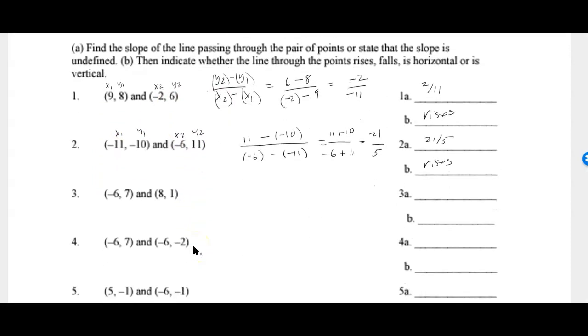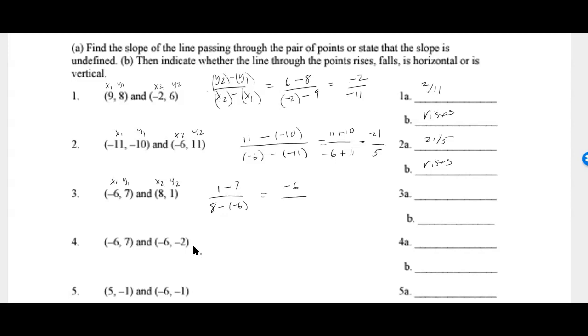So number 3, x1, y1, and I could label this x2, y2 and the other one x1, y1. It doesn't make a difference. In the end, you get the same answer. 1 minus 7 over 8 minus, I see I have a -6, I'm going to put that in parentheses. 1 minus 7 is a -6.